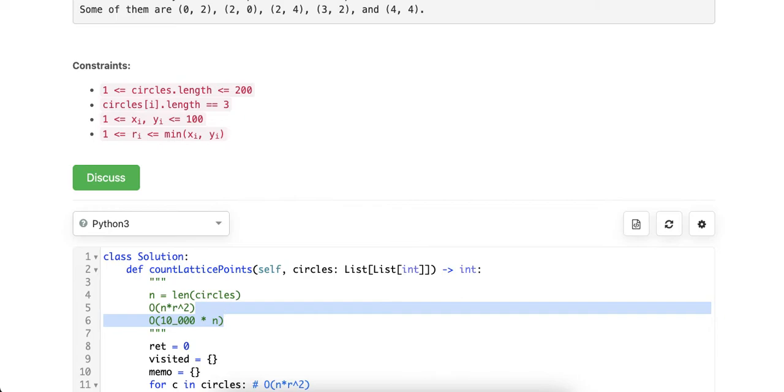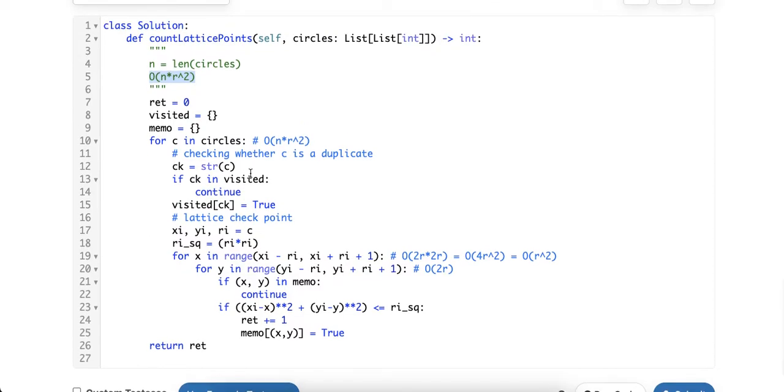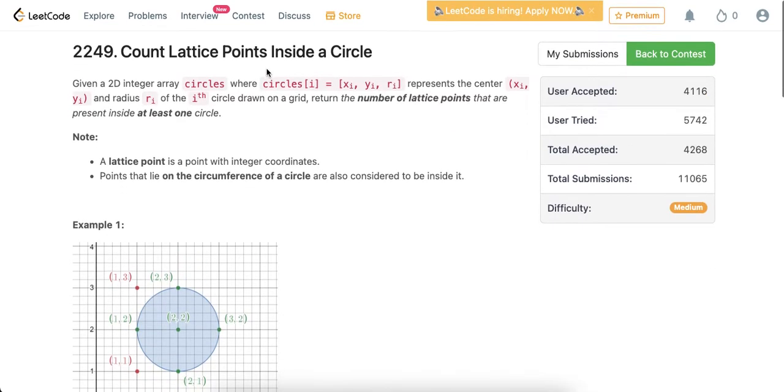So let's just keep it at this, okay? We need to know the n and the radius, and that will determine the time complexity, n times r squared. Remember how we do that? We go top to bottom, and then from the bottom we go back up. I was starting from n here, big O(n), then I go back here, it becomes r squared. I go back here, it becomes n times r squared. Okay, so that's for this.